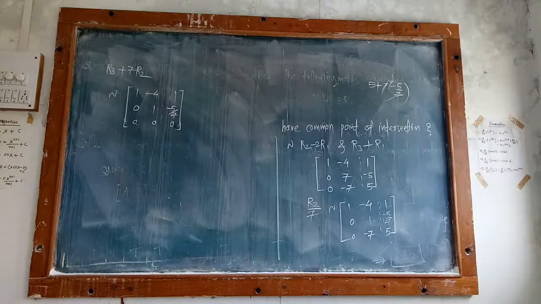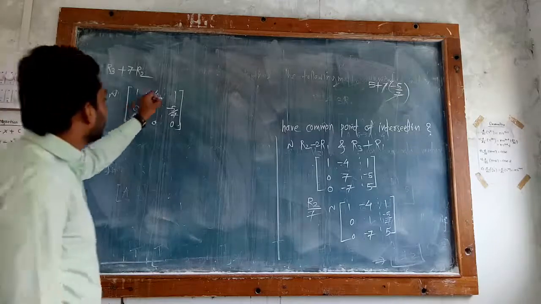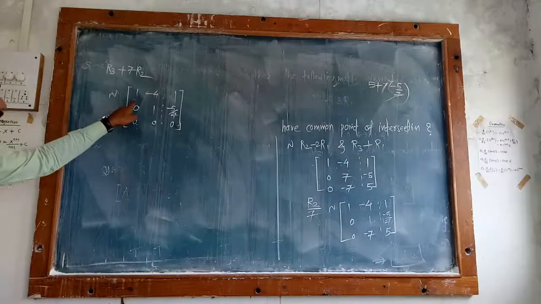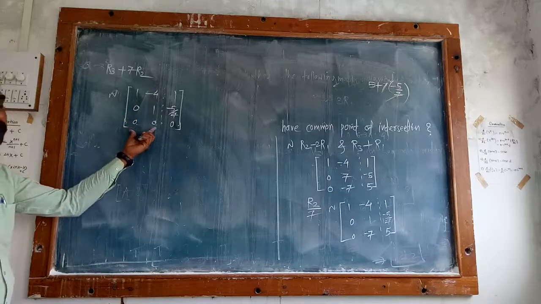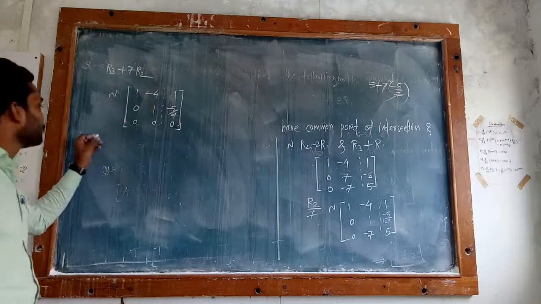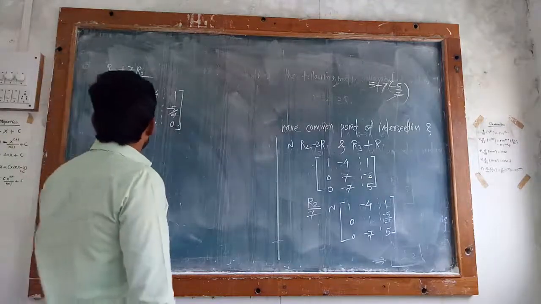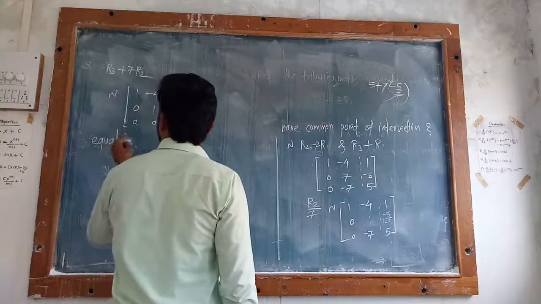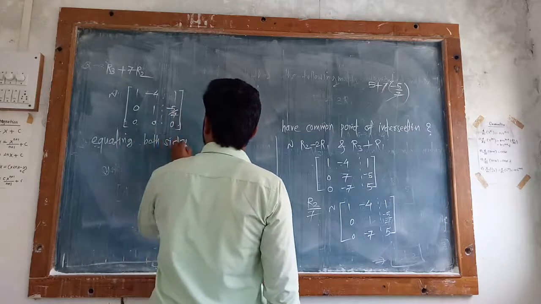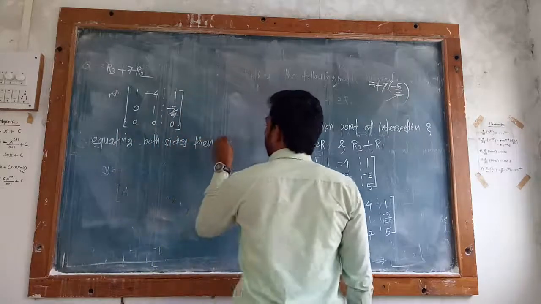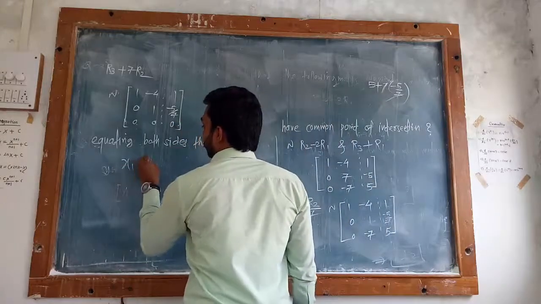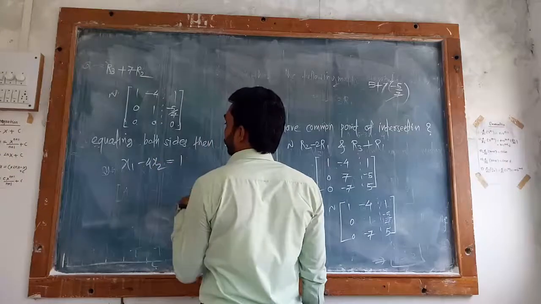So from the augmented matrix, the next step is equating both sides. That means we have to multiply the coefficient matrix A, first element by x1 and second element by x2. Equating both sides, then we get your first equation: x1 minus 4x2 equal to 1.